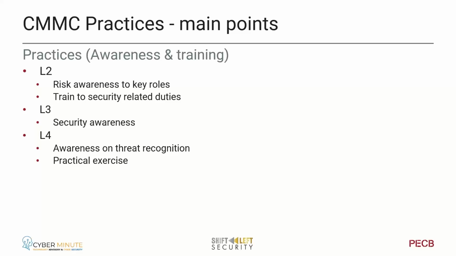But also IT people like system administrators need to be aware of the security risks associated with their activities and what the policies, standards and procedures related to the security of those systems are. It's very important that they know their duties, they need to know what the procedures are, and especially here, they need to be able to document that.